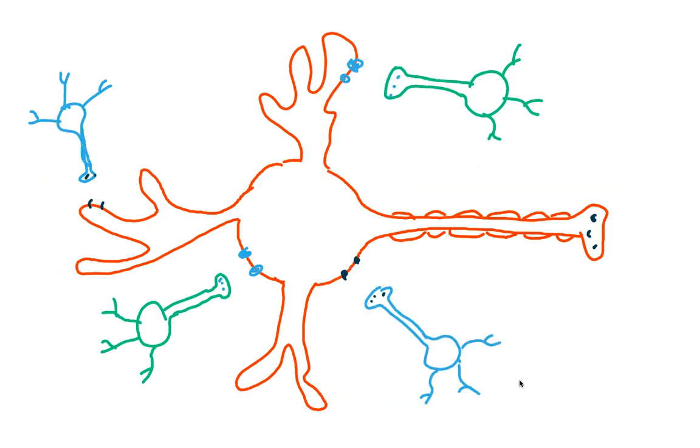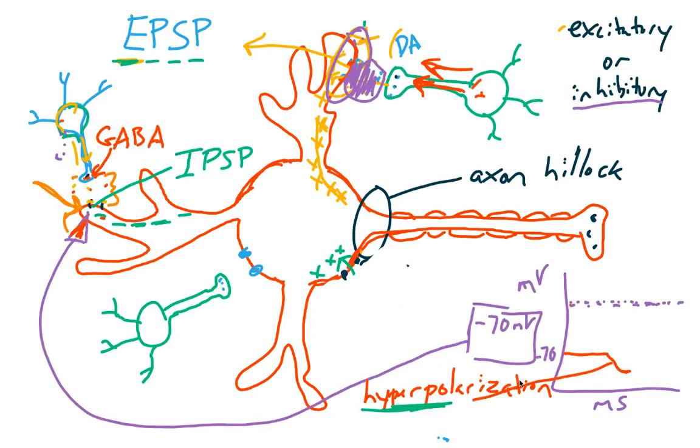Now what I want to look at is the fact that graded potentials, so an EPSP and an IPSP, are not action potentials. These are graded potentials. A key feature of a graded potential is that these waves of energy degenerate.